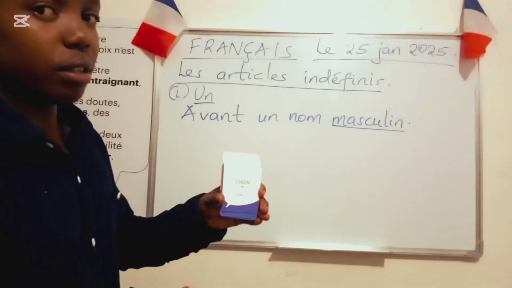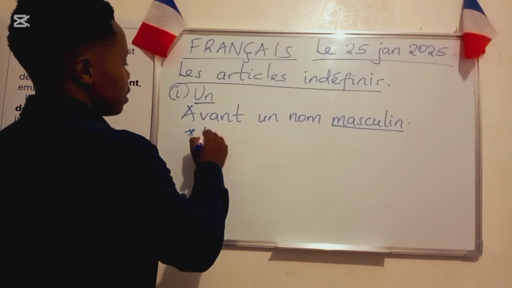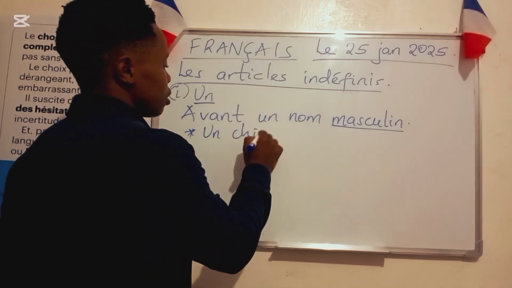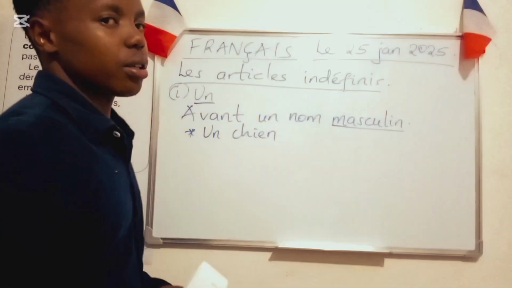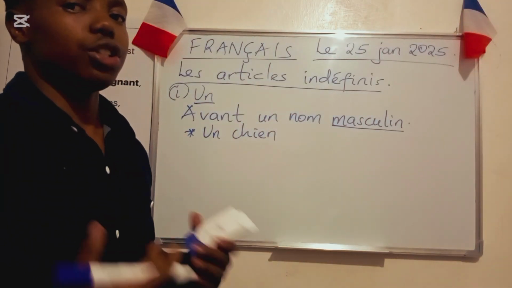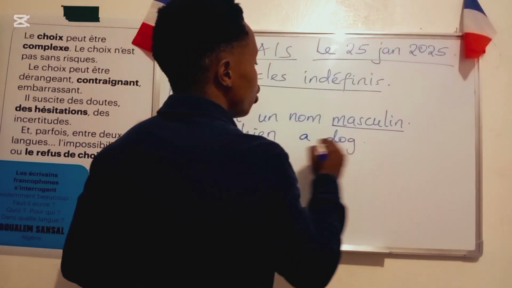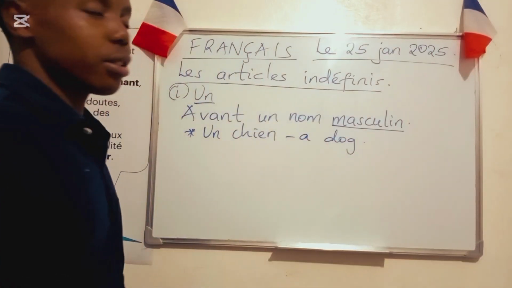For example, here we have chien. I would say un chien, un chien. A dog simply means a dog. Un chien.